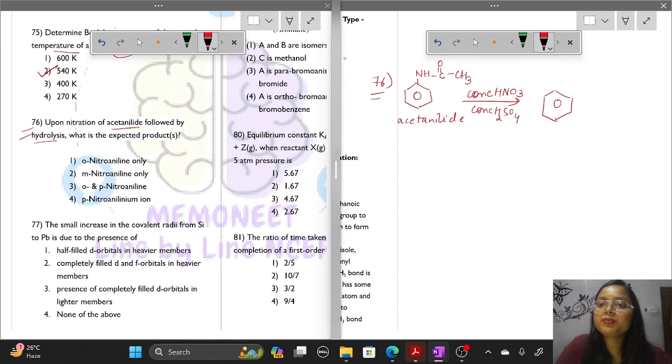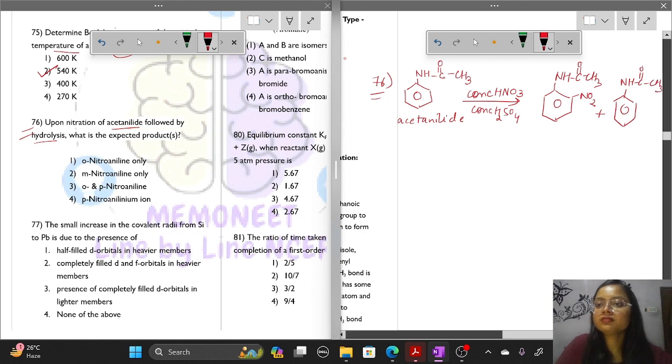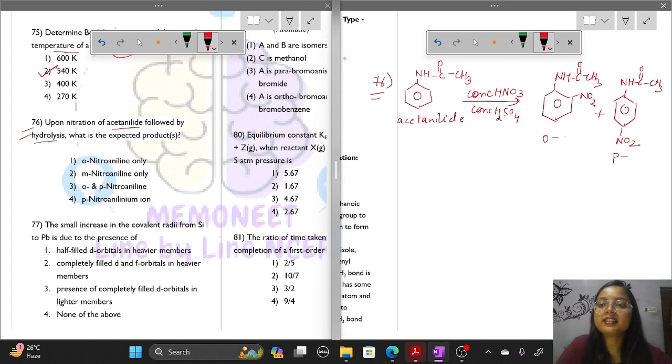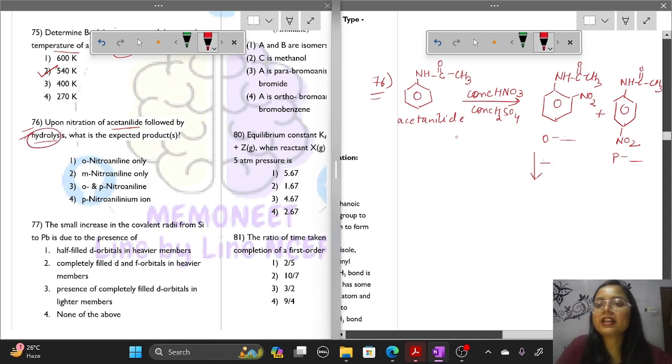A nitro group is introduced at the ortho position, and another nitro group is attached at the para position. We can say that this is ortho-directing and this is para-directing. Ortho-nitroacetanilide and para-nitroacetanilide. On hydrolysis, what is produced?